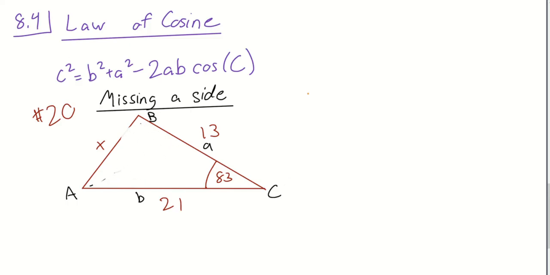Okay, now we start to fill in. So, taking my equation from above, lowercase c is what side? Yes, x. So we have x squared equals b, Klein said was 21, plus a, should be 13, minus 2.